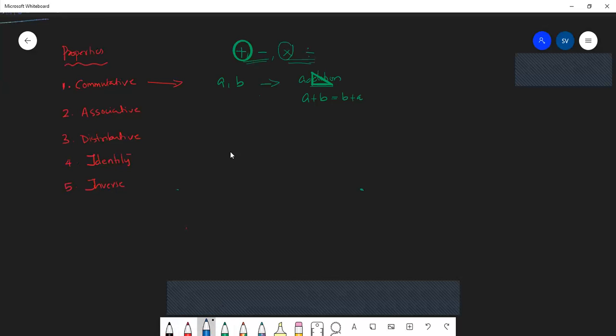Say for example, I'm choosing two numbers, 3 and 5. The commutative property for addition is 3 plus 5 equals 5 plus 3. We know that 3 plus 5 is 8 and 5 plus 3 is also 8. So the order does not matter. That is what the commutative property is saying.